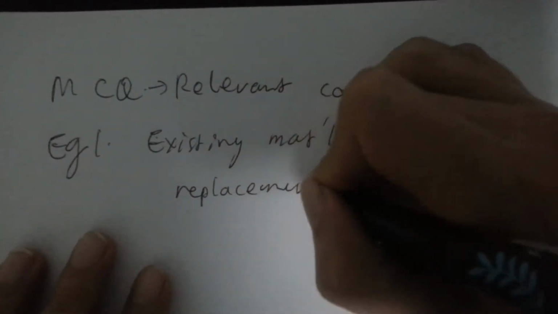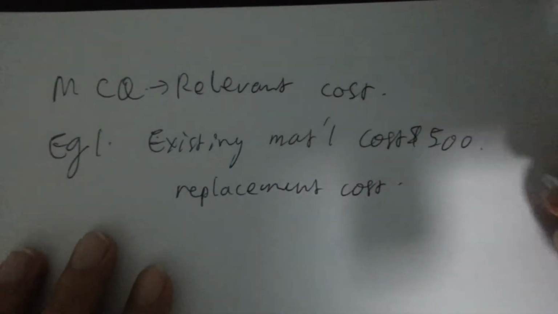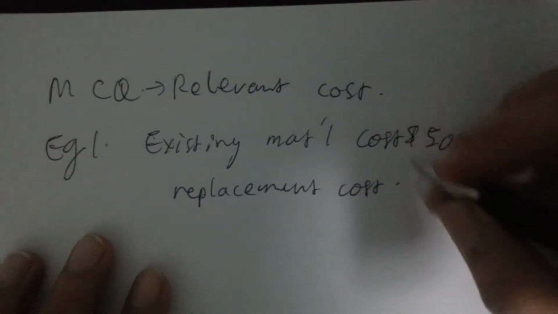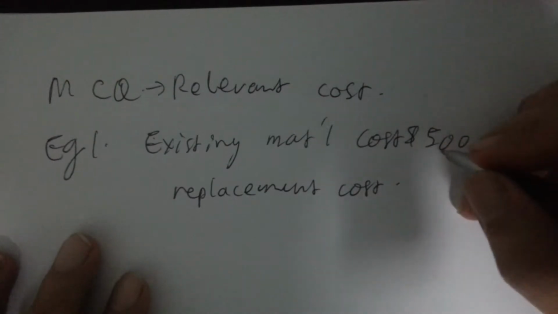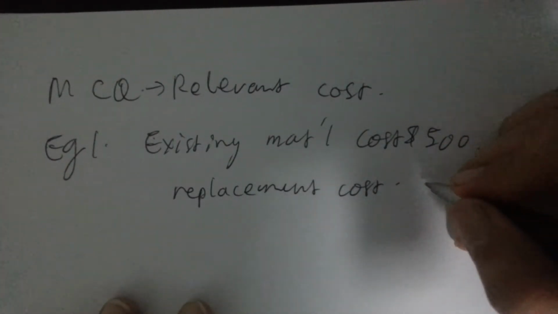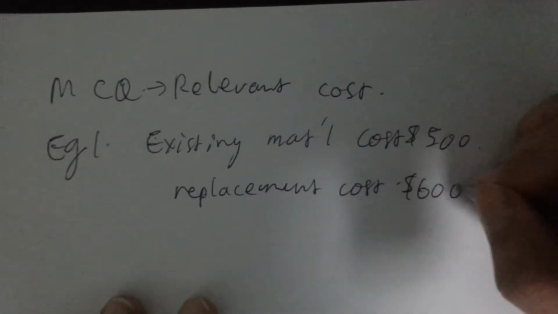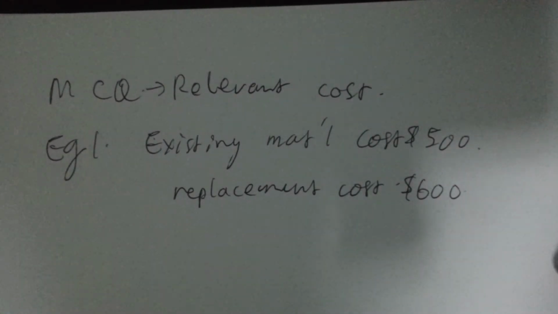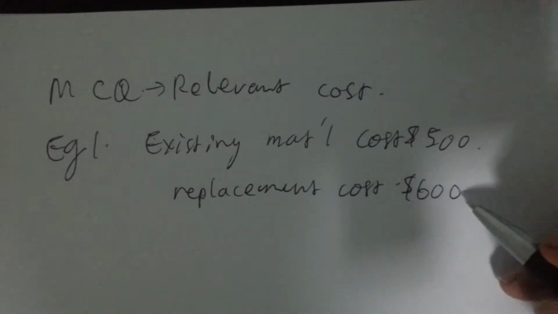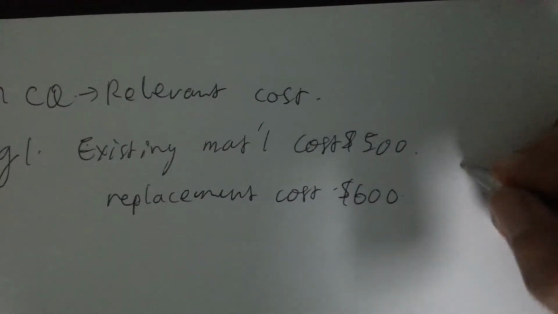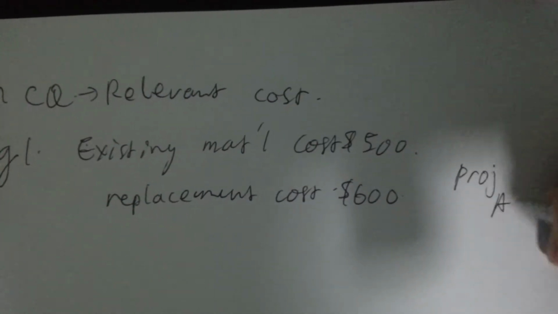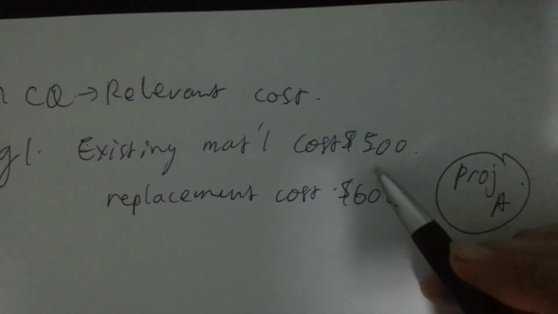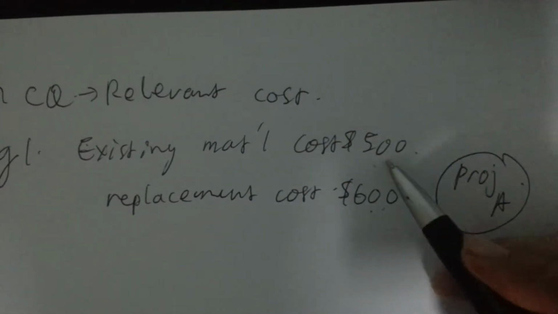The question further mentions that the replacement cost of these materials, that is, once you finish using them you have to purchase new ones, would be $600. If you look at this very simple example, which cost would you use to charge your customer? If your customer comes in and tells you to help him with, let's say, project A, which cost would you use as your basis to charge the customer?